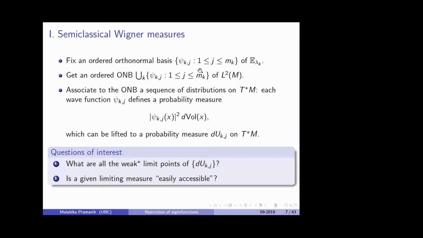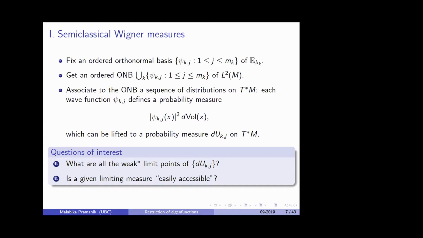Let us denote the basis elements by psi_kj for the kth eigenspace E sub lambda_k. Stringing these basis elements together, we arrive at an ordered, countably infinite orthonormal basis of L^2 of M.